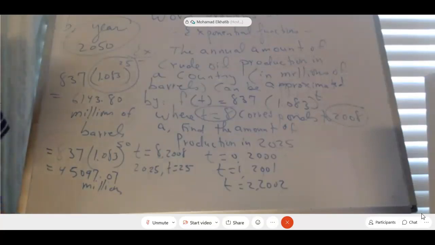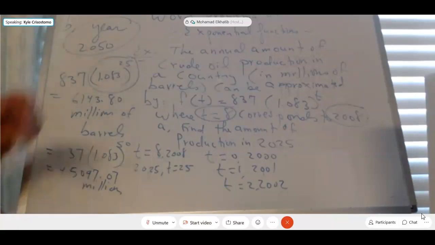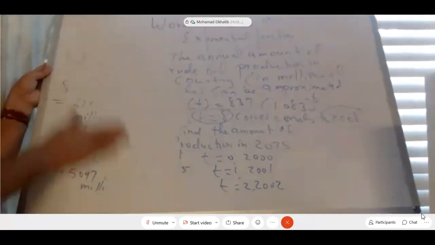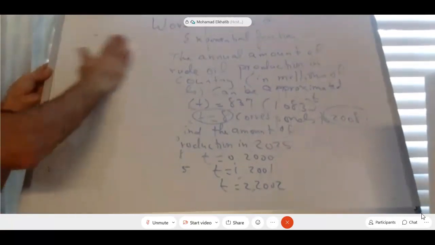Can I erase the board now, class? Yes. Okay. So next one is, I'm not gonna write the whole word problem. I'm just gonna put down the highlights of it so that way we save us time, okay? All right.